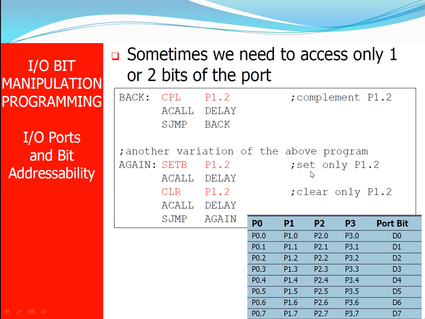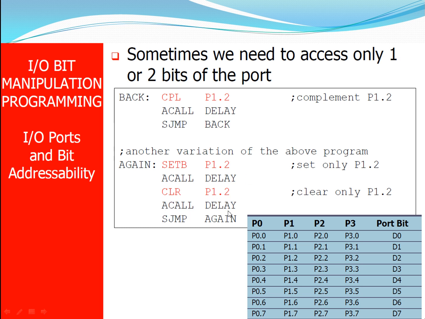Setting P1.2 is nothing but making that P1.2 pin high, and then call the delay subroutine. Next, CLR P1.2. CLR means it clears the P1.2 pin. Clearing P1.2 means it makes the P1.2 pin 0. Previously it was 1, so now it becomes 0.